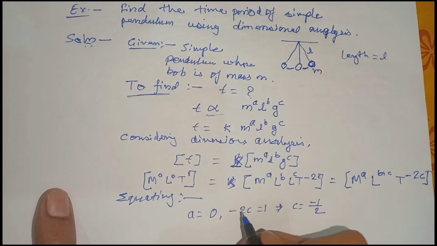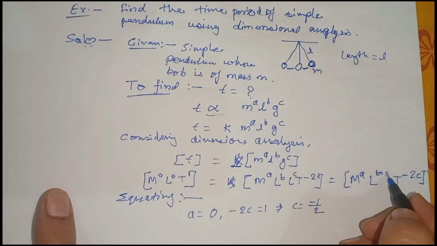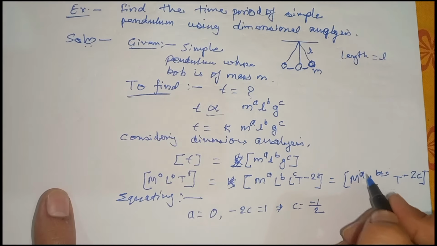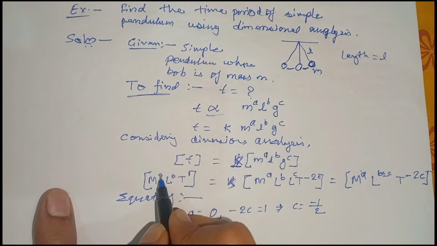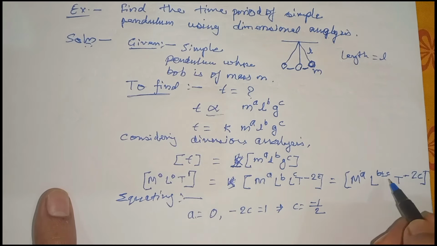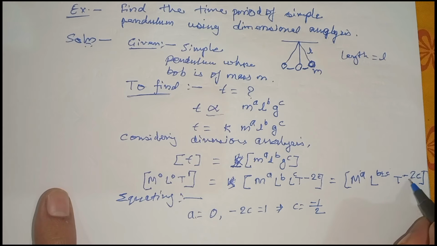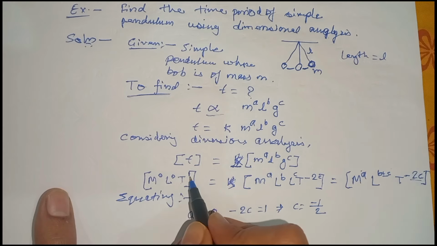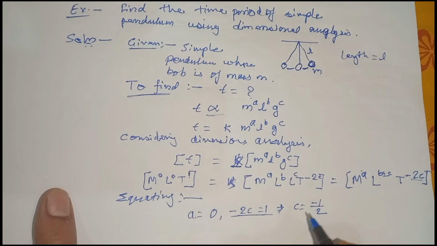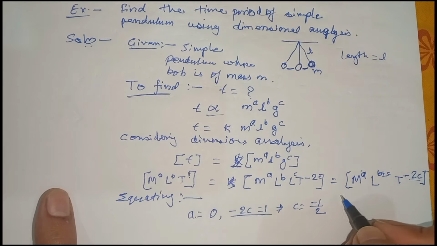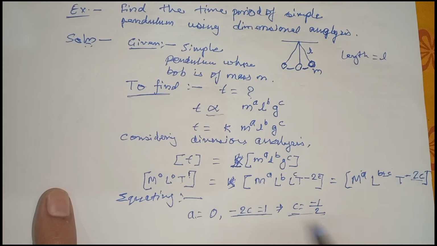And also we equate the term m to the power a; here it is m to the power 0, so a equals 0. For T, the power is minus 2c here and plus 1 here, so minus 2c equals 1, and the value of c is calculated through this.